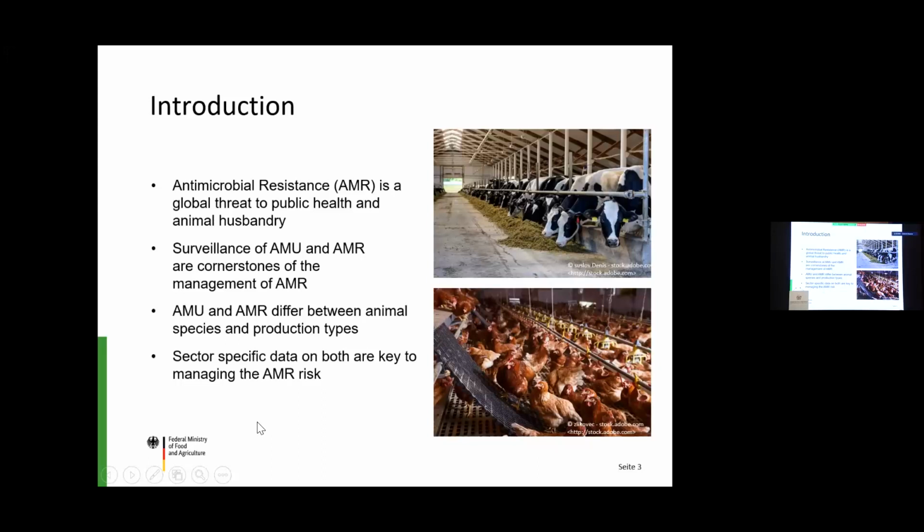Many investigations worldwide have shown that both antimicrobial use and resistance do differ between different production sectors, even within the same animal species. For example, antimicrobial resistance in broiler chickens and laying hens differs substantially, and overall data on resistance in chickens only will not help understanding the underlying drivers.